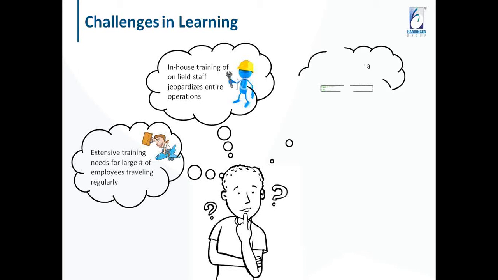But e-learning also has its own challenges, like low or inconsistent bandwidth areas where people may be traveling or on field, and may not have constant access to the internet. That becomes a major challenge for organizations to get training done for these kinds of employees.